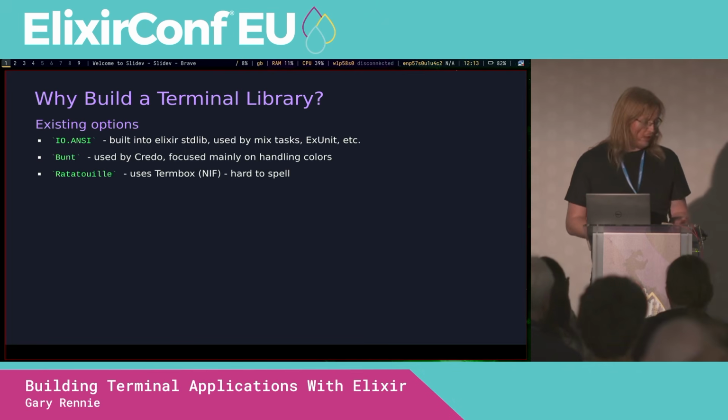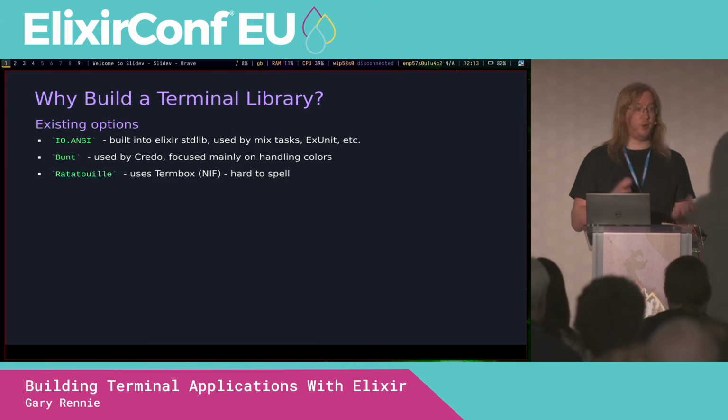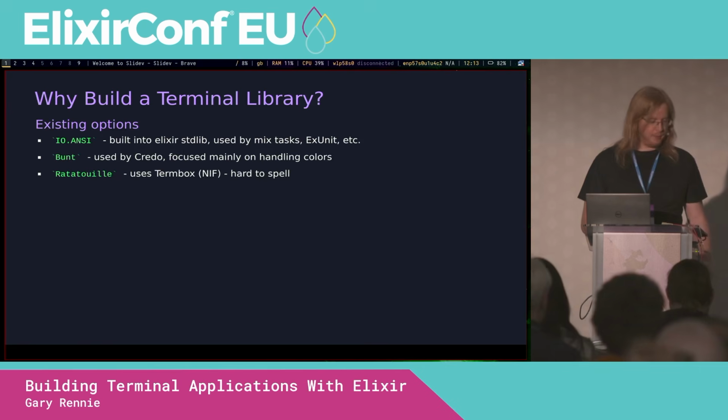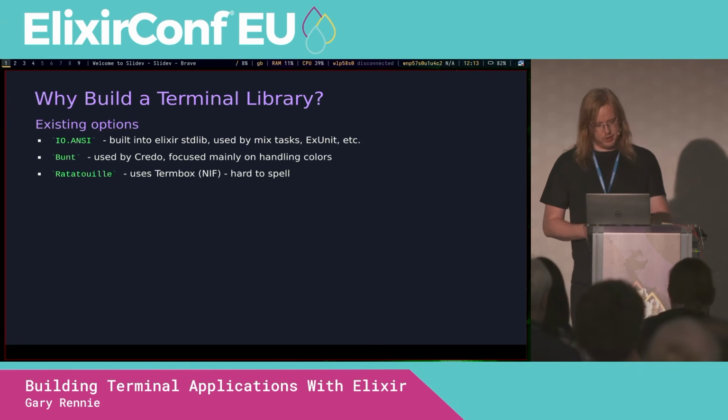So when I wanted to use Ratatouille, I first had to fork Termbox and update the build tool to use Python 3. I then had to fork the NIF bindings for Termbox and update them. And then I had to fork Ratatouille to point it to my new bindings and get it working. So it was kind of a pain. But again, not Ratatouille itself, but the bindings.